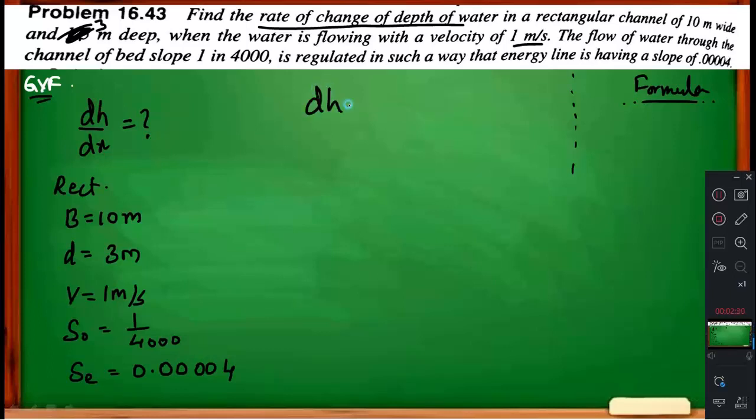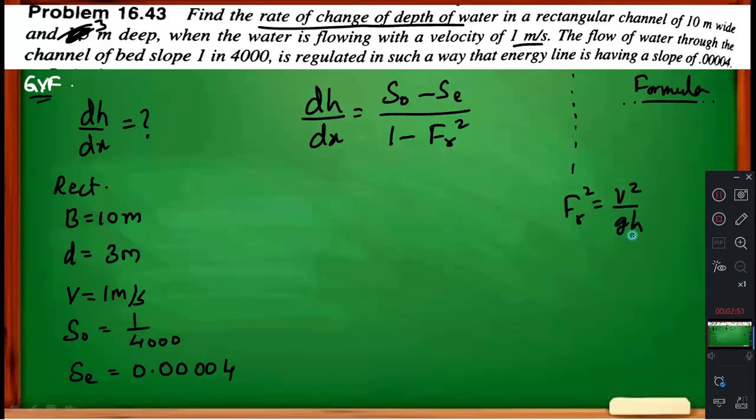See how easy this problem is. dh by dx is equal to, the formula is, S naught minus SE divided by 1 minus FR square. But FR square means what? FR square is equal to V square by gh. First you calculate V square by gh and substitute that in the given equation.